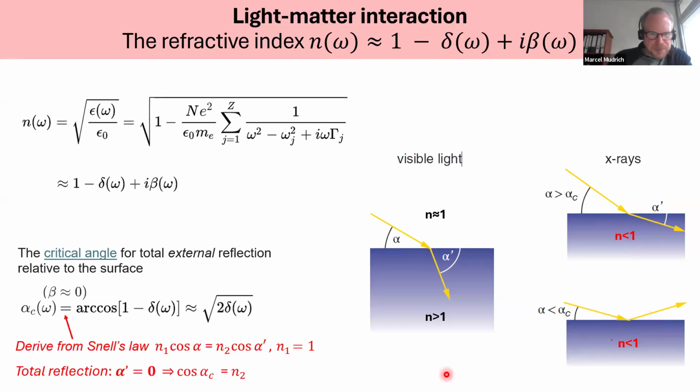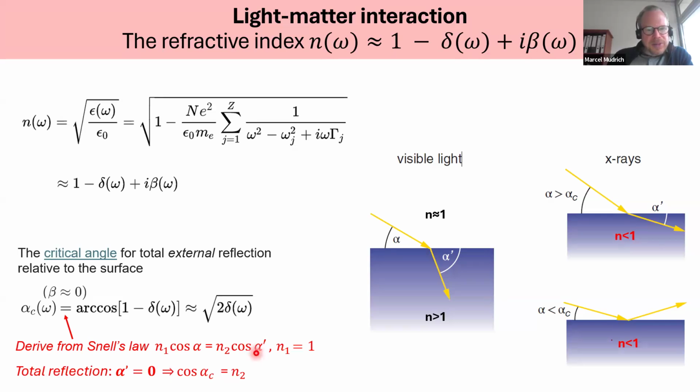So that's the only thought that you really have to put into the system. And we assume that n1 is 1, right? n1 is 1, and alpha prime, the reflected angle, is 0. Then inject this into Snell's law.